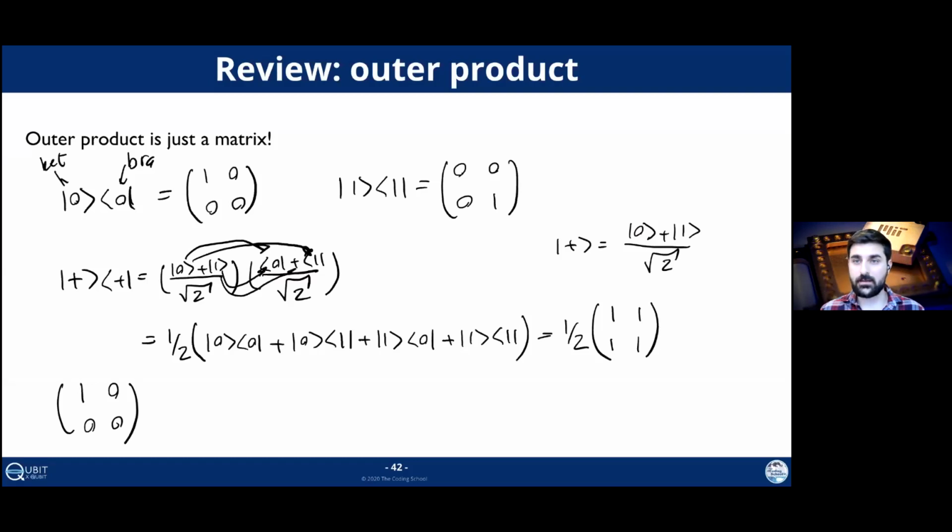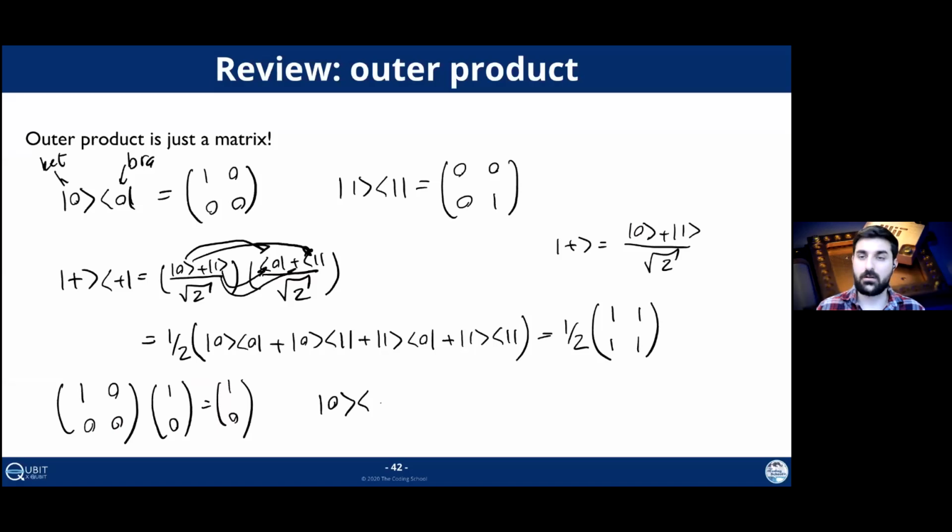If I want to multiply this by the 0 state, which is the 1, 0 vector, I can just do the normal matrix multiplication, right? I get 1 times 1, and then I get 1, 0. So that's just a simple matrix multiplication. But now using this tool, I can use the bracket notation to do it a little bit faster. So I have 0, 0 here.